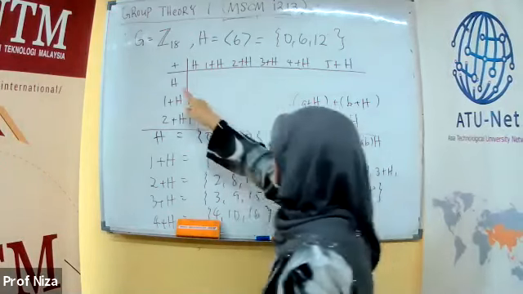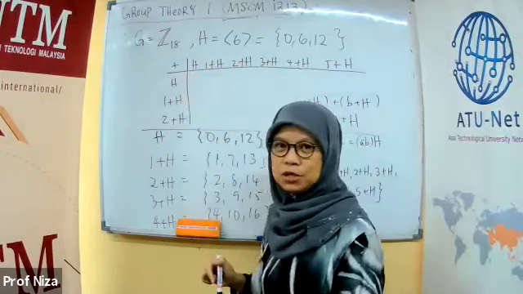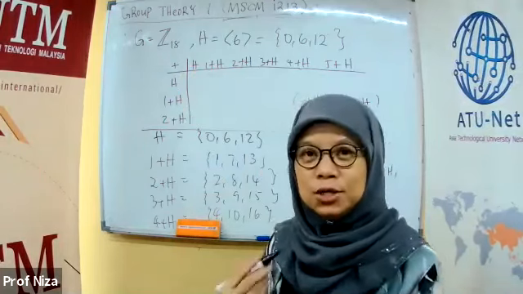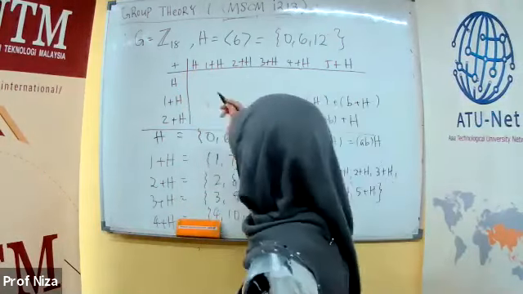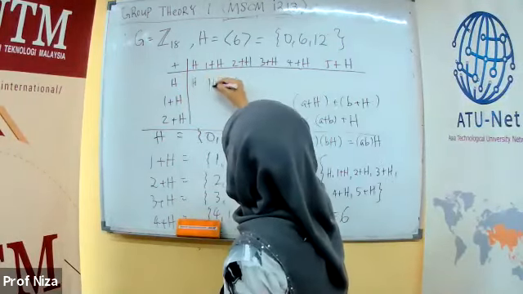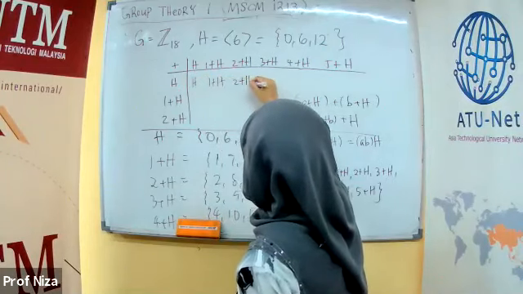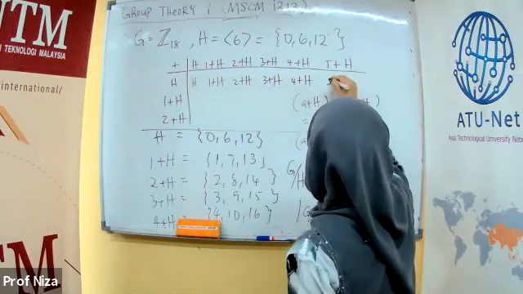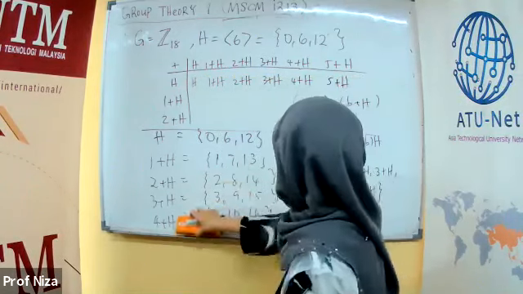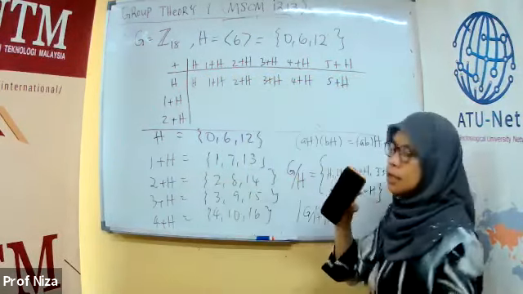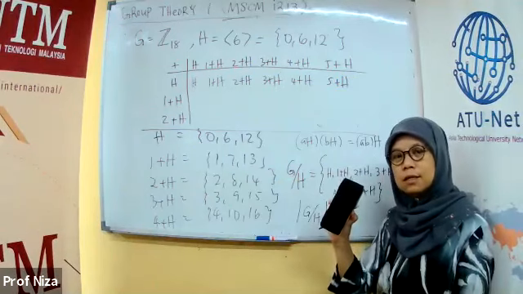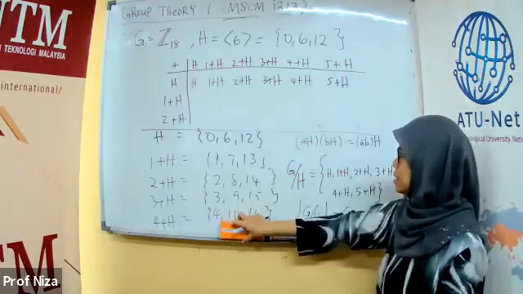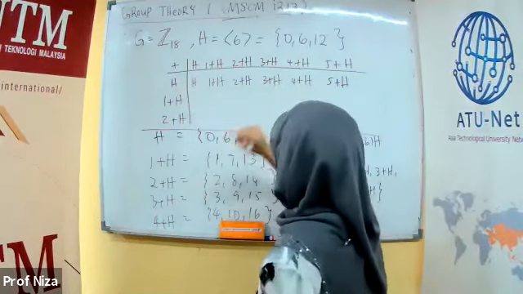So how do you add? What is H plus H? There is a 0, right? 0 plus H plus 0 plus H is 0 plus H. So 1, 2, 3, 4, 5. And that is why I said that this is the identity, because this is the same.